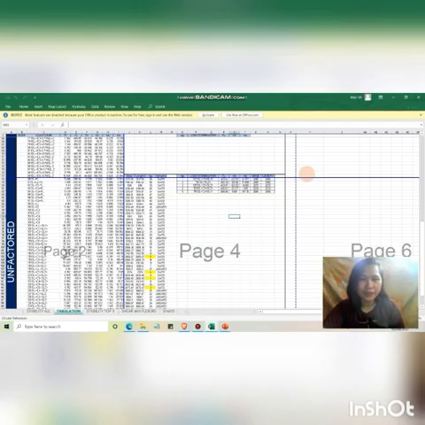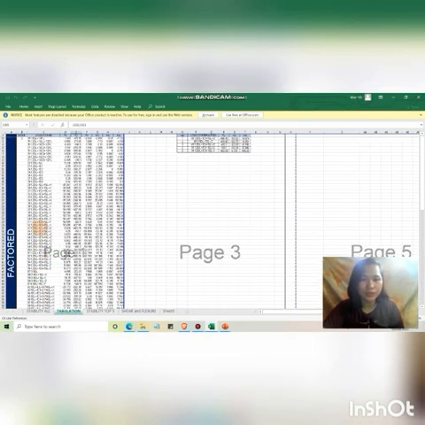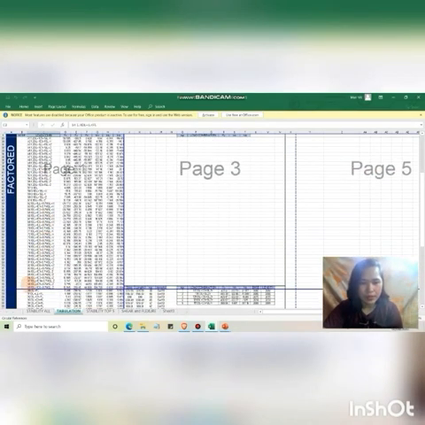Here is our footing 2 or node 2 isolated footing design calculations. This sheet is named tabulations, for it contains the tabulations we will use for the calculations.